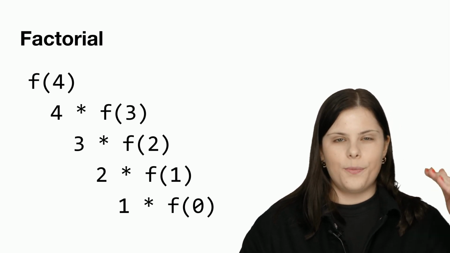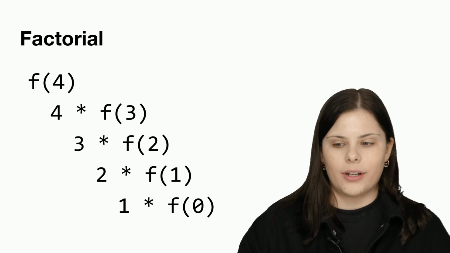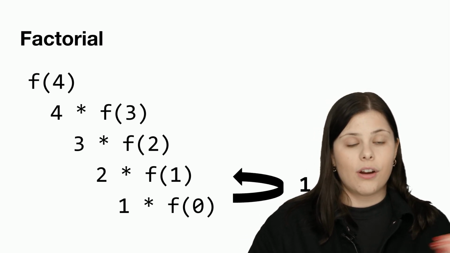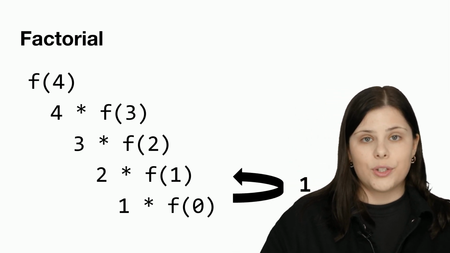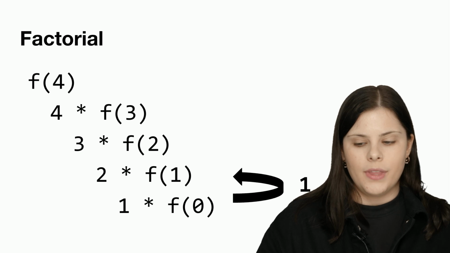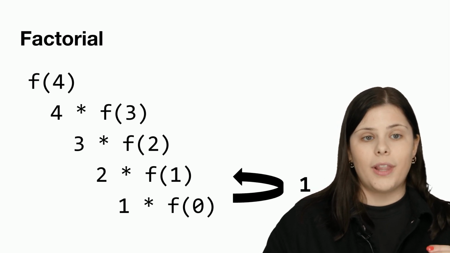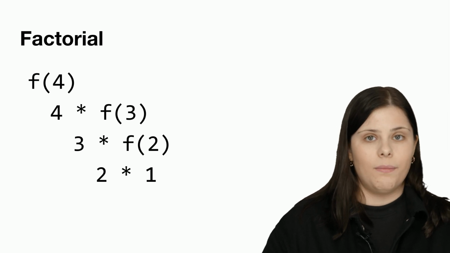So if we expand it like that, how do we put it back together? We can notice that the very bottom line is going to return 1, since the factorial of 0 is 1, and then we're multiplying it by 1. If we take the output of the very bottom line and plug it back up, we will get 2 times 1.